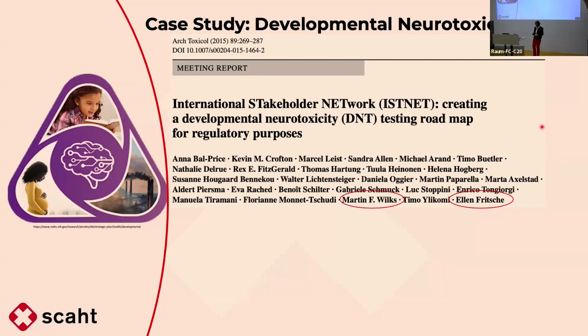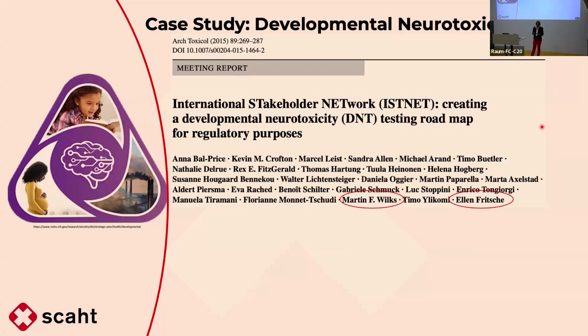And at this stakeholder network meeting, there were people from regulatory agencies there, so it was mainly EFSA and the US EPA. And we had people from industry there, and then we had academic scientists and the JRC organizing the scientific frame. And we sat around the table for a couple of days and just lined out the roadmap.